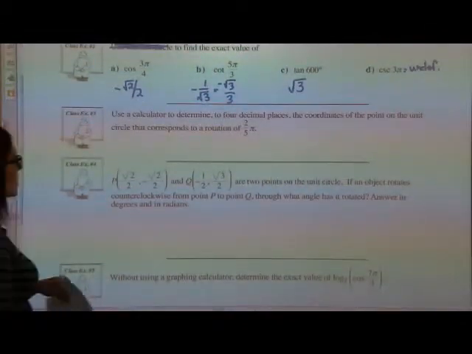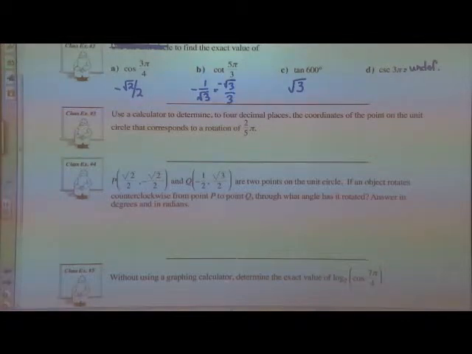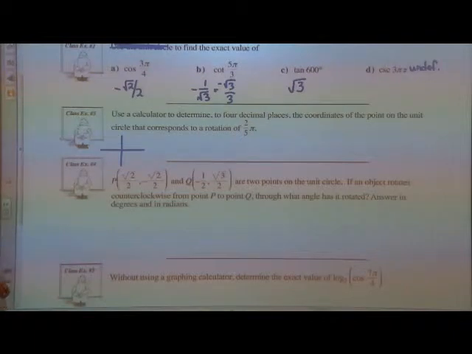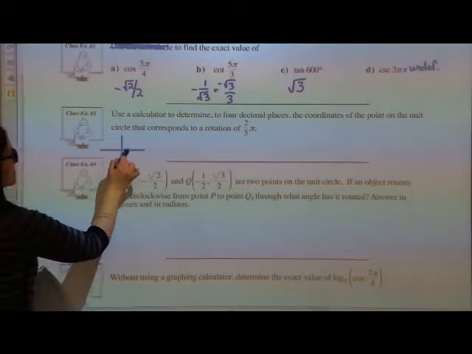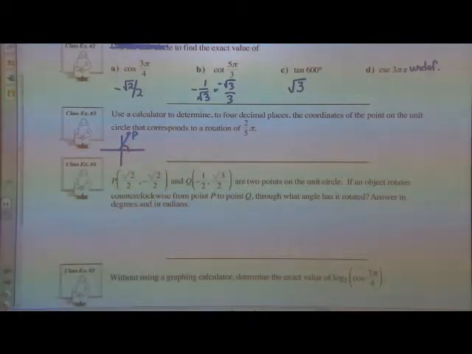For class example number 3, it says use a calculator to determine to 4 decimal places the coordinates of the point on the unit circle that corresponds to a rotation of 2/5 pi. So that means that I have this rotation, it's 2/5 pi. And I have this point P, and I want to know what those coordinates would be on the unit circle.